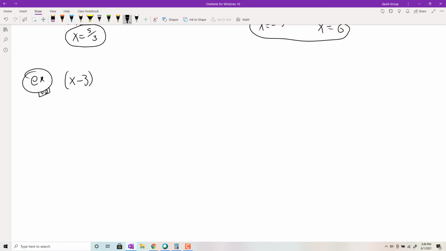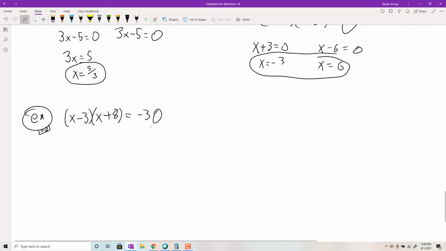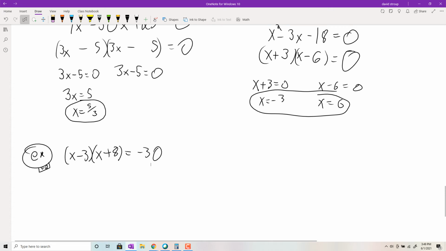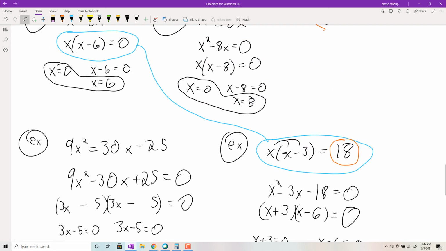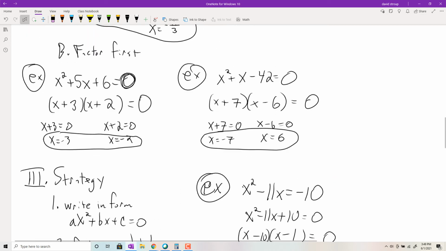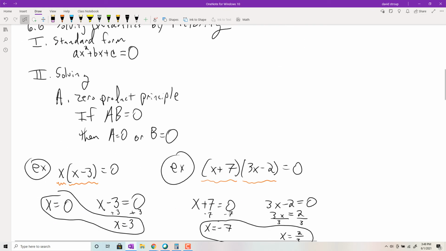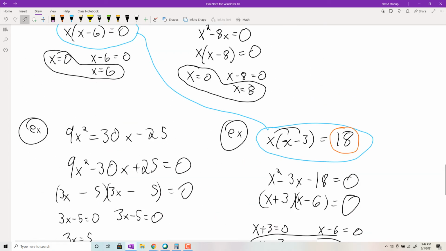Video quiz. x minus 3 times x plus 8 equals -30. So again, this is one of those tricky ones. You think, oh, I could just set x minus 3 equal to -30, x plus 8 equal to -30. No, we don't have a property like that. There's no non-zero product principle. We don't have that.